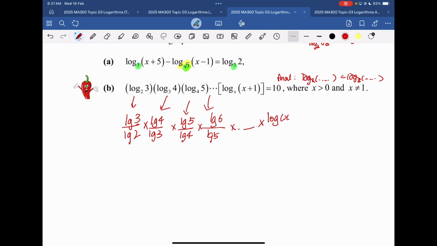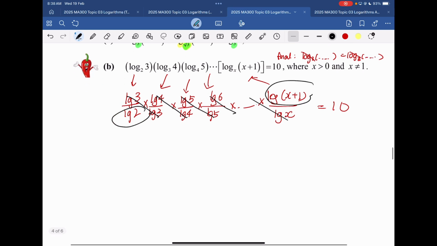Because the last term will be lg(x+1) over lg x, which equals 10. At the same time, you know that it cancels in a top-left, bottom-right direction, diagonal, cancel, cancel, cancel. You expect that this term will cancel off also. Very good.